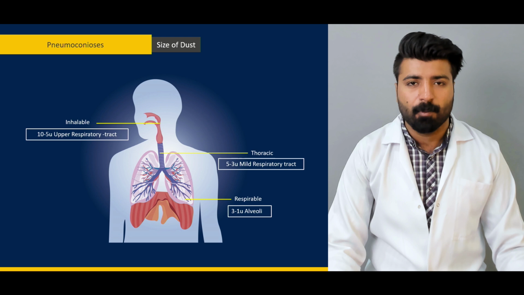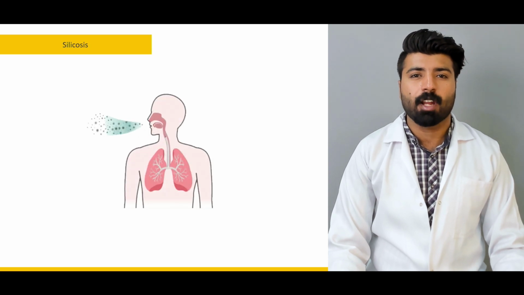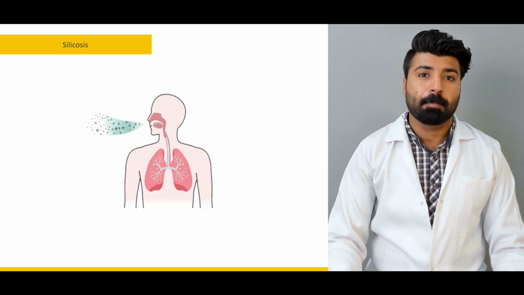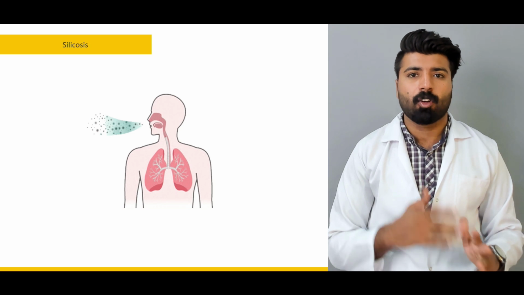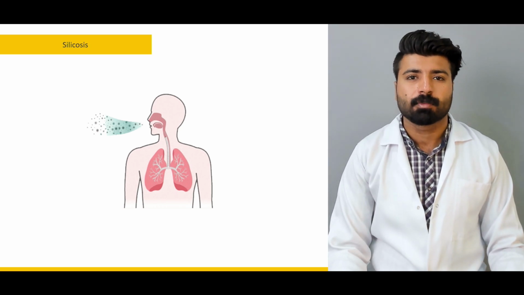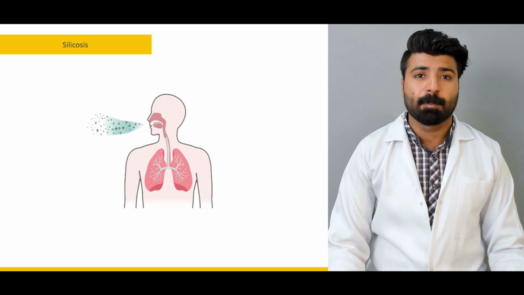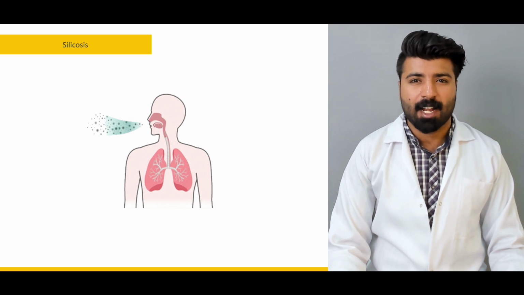We're going to talk about all of the agents that might cause this kind of pathology in detail. First of all, let's talk about silicosis. With silicosis, a person is subjected to a very high exposure to silica. People who work in mines are also subjected to coal, but they are also subjected to a very high level of silicon. The other people who get this disease are sandblasters.